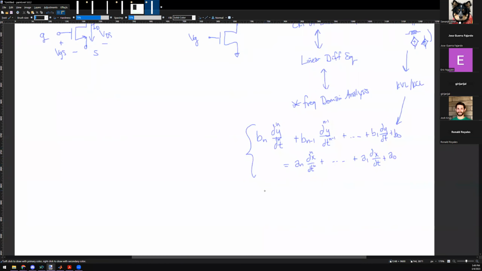And from here, you could do the Laplace transform of it. And then you have b_n s^n Y plus and so on, and the polynomials of s, a_n s^n X plus a naught, plus b naught, equal to each other.